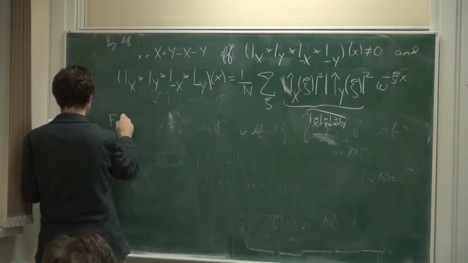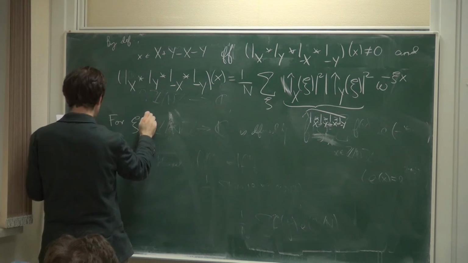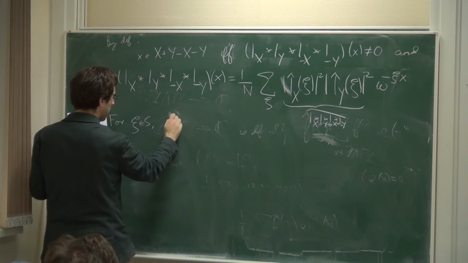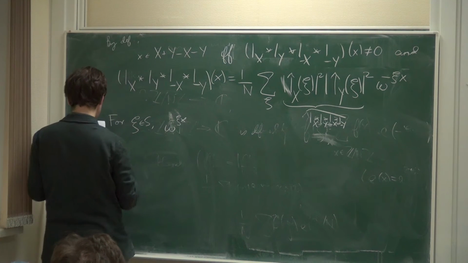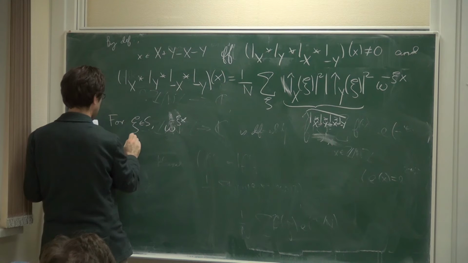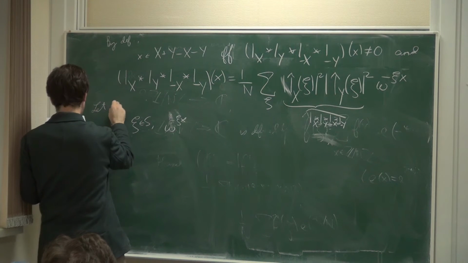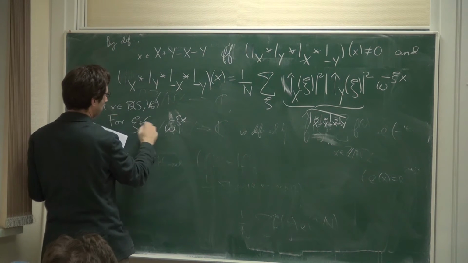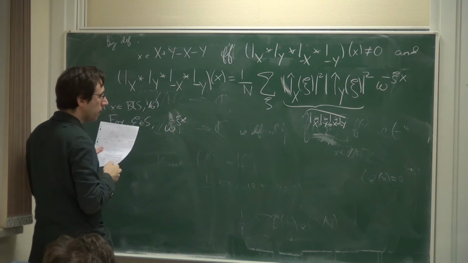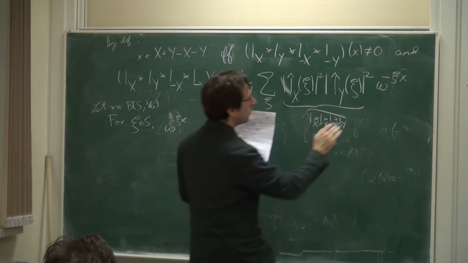We have that for psi in S, as I was saying, what does it mean for x to be in the Bohr set? So let x be in the Bohr set. The idea is that for psi in S, actually, why do I have this omega?